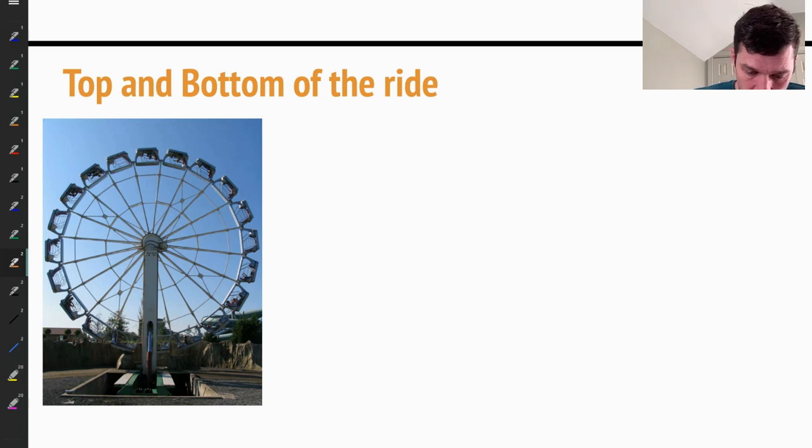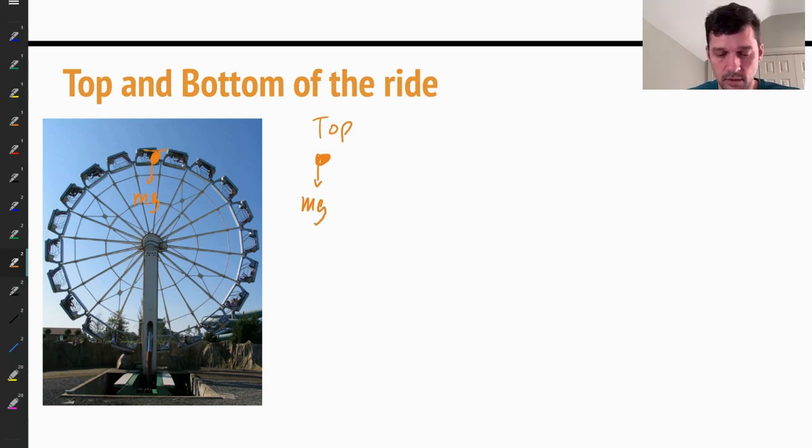So at the top of the ride, here is a person, and they have their weight downward and, because the seat is underneath them, well, the seat is touching their bottom, which is now above them, the seat is providing a normal force downward against them.